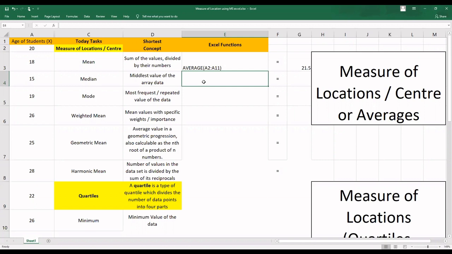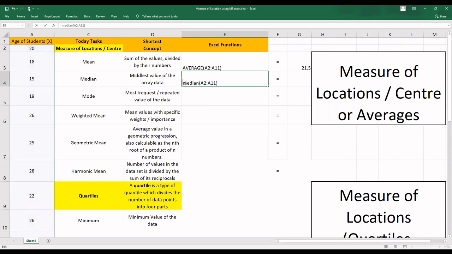So next is median. The concept of the median is the middle value of the array of data. If we want to find the median, we just write equals MEDIAN, the main formula. We can write manually A2 colon A11, so automatically Excel will select A2 to A11.